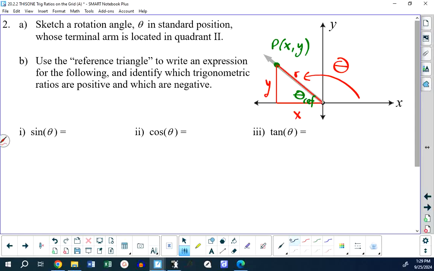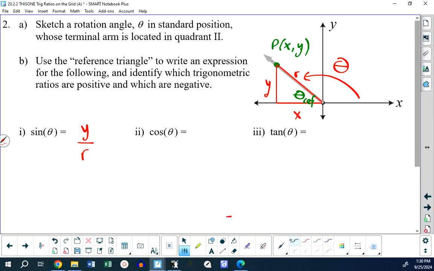So based on that triangle, what is sine of theta? The same thing it was before. And I can tell you right now, the sine of theta is always going to be y over r. It doesn't matter what theta is. It can be 0, it can be negative 10 million, it can be in quadrant 1, 2, 3, or 4.